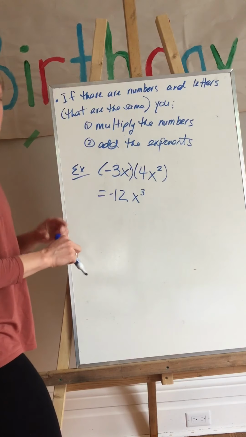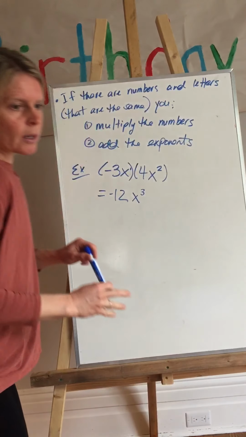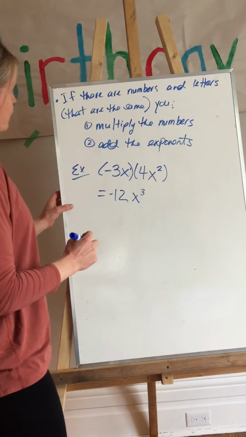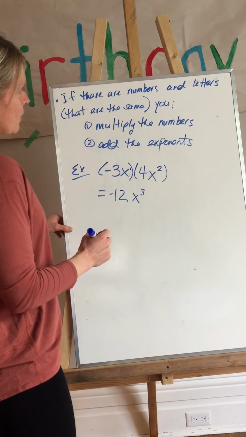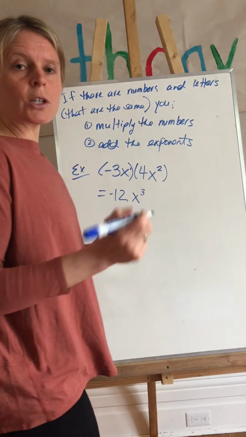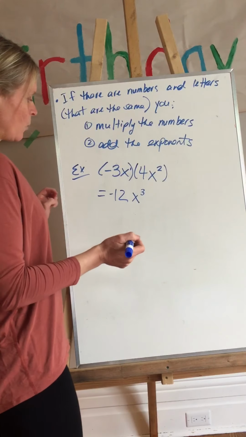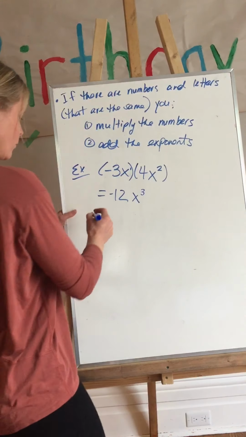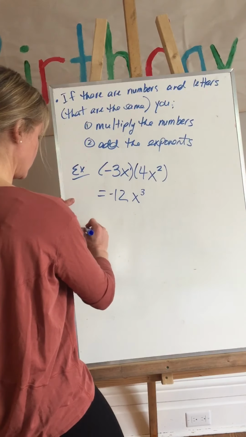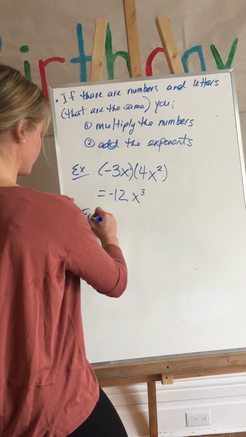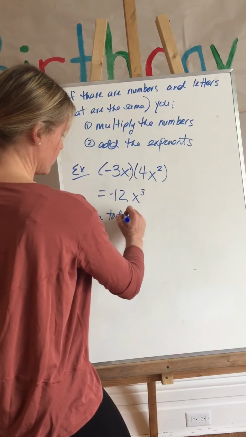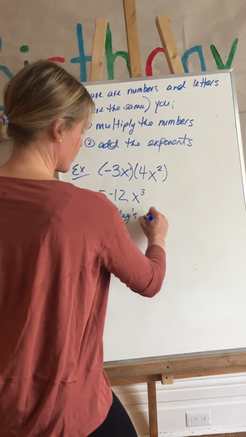Okay, let's see if we can do a couple examples. I've taken a couple examples from the worksheet that you are going to be working on. First one, A, is from today's worksheet.